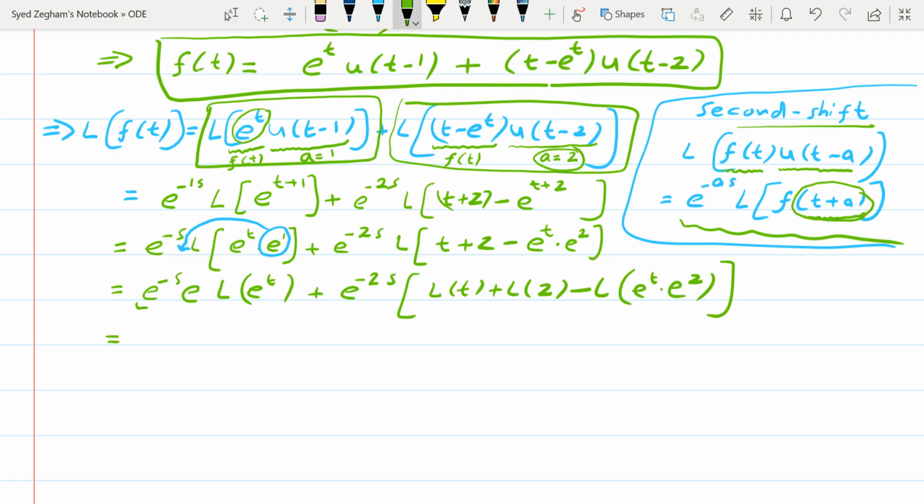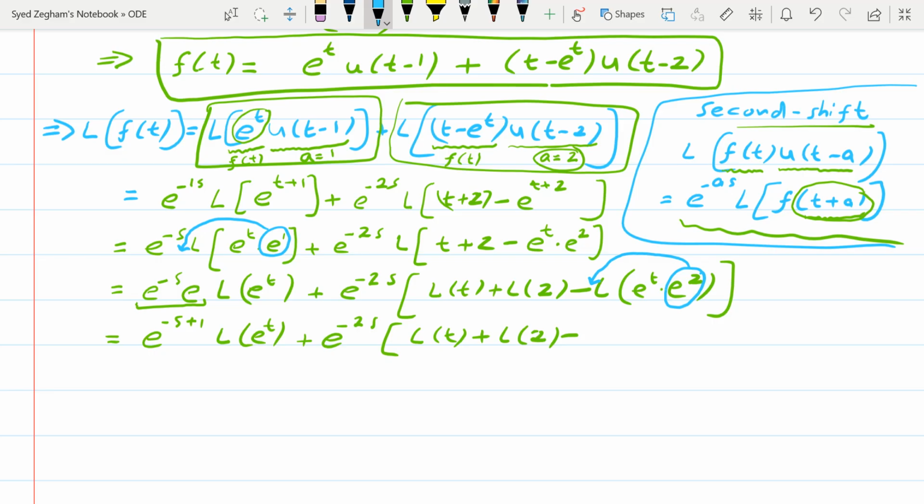You can combine these two, right? So this will become e to the power minus s plus 1, Laplace transform of e to the power t, plus e to the power minus 2s, and inside the bracket we have Laplace transform of t plus Laplace transform of 2 minus, again, e to the power 2 is just a constant, so you can keep it outside.